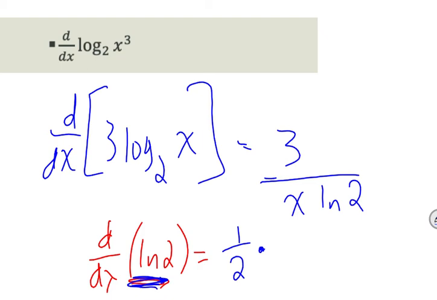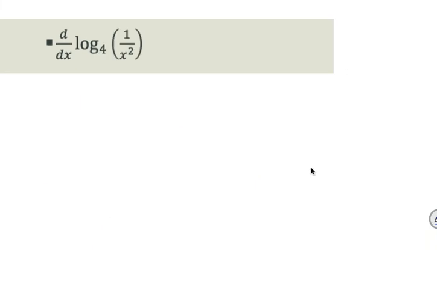So if we have ln of x cubed, like in that first problem, we put 1 over x cubed, and then we did the derivative of the top, that 3x squared, right? So if you did your derivative of that inside, what's the derivative of 2? 0. So either way, we're getting right back to 0. Okay? So just be cautious of that, because I do see that a lot. So okay, last one.